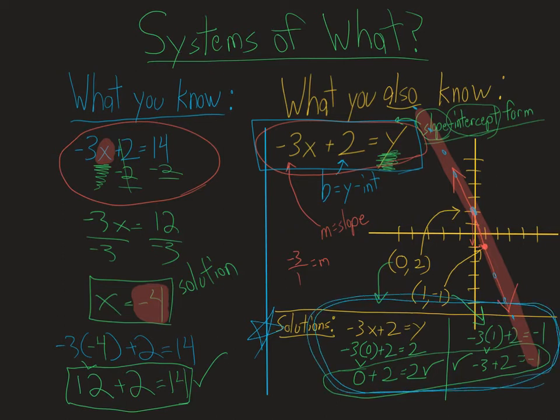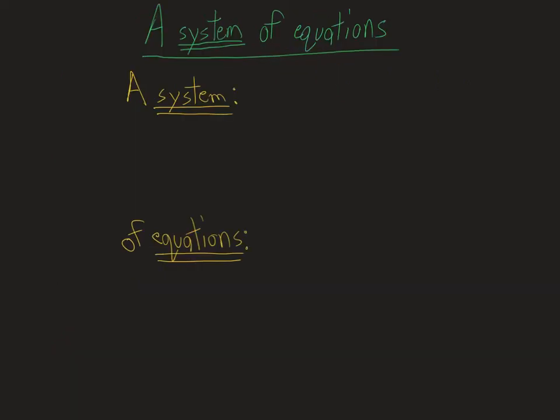All right, moving on. Okay, what is this idea of a system of equations? Well, a system just means more than one. And what are we talking about here? We're talking about equations. Okay, so a system simply means more than one.